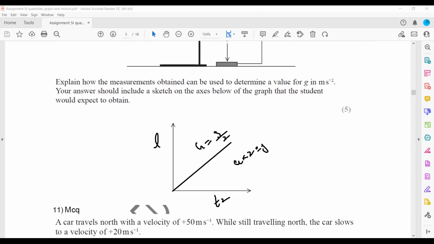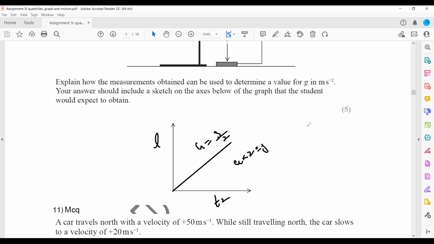So the points we will include: first mention that the initial velocity is 0, and for the graph of time squared on the x-axis and distance on the y-axis, the gradient will be half of gravity, or the gradient multiplied by 2 will give us gravity. It will be a straight line passing through the origin. Why is there no y-intercept?